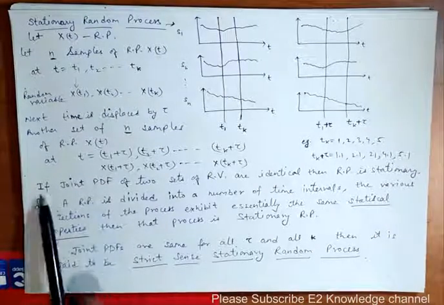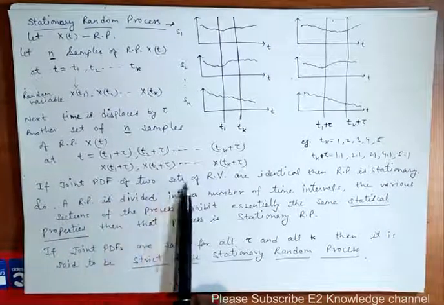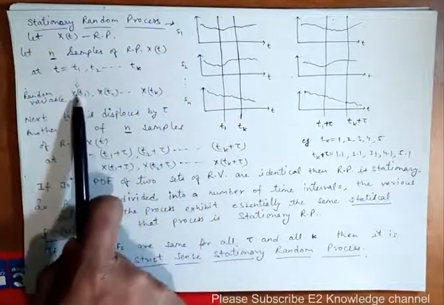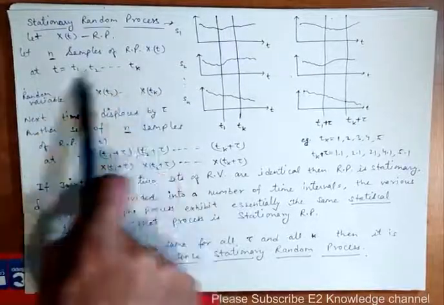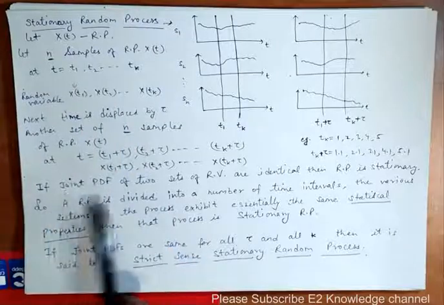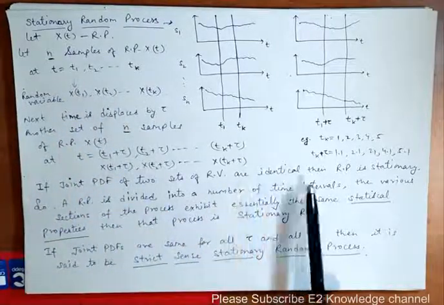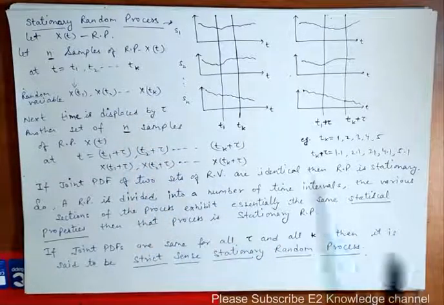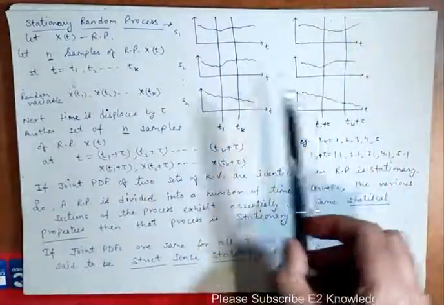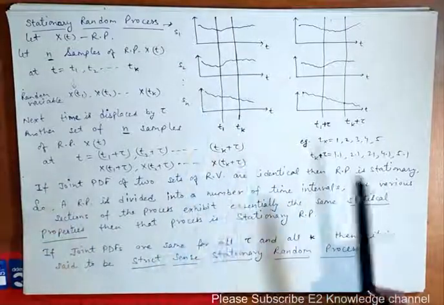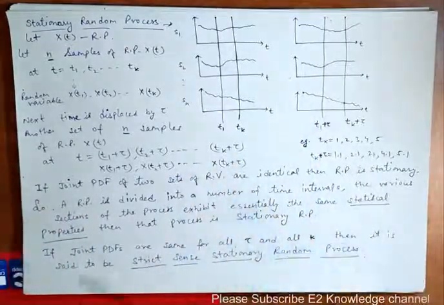Now, if the joint PDFs of the two sets of random variables are identical, this is the joint PDF of the first set, and this is the joint PDF of the second set, then the random process is called stationary. It means that for any time interval set and for any delay or time shift tau, the joint PDF is always the same or identical, then it is a stationary random process.